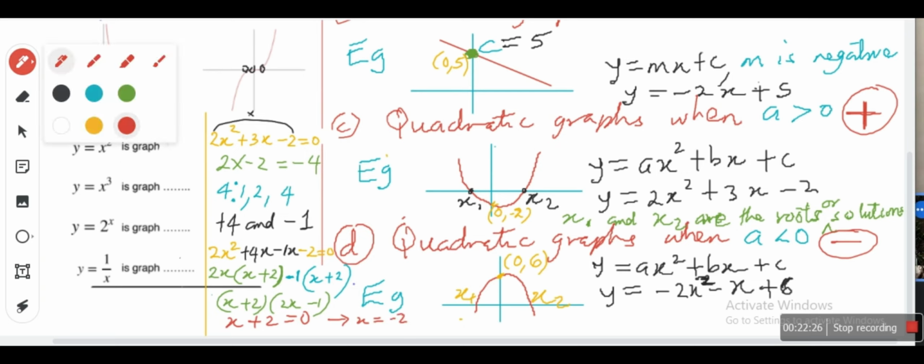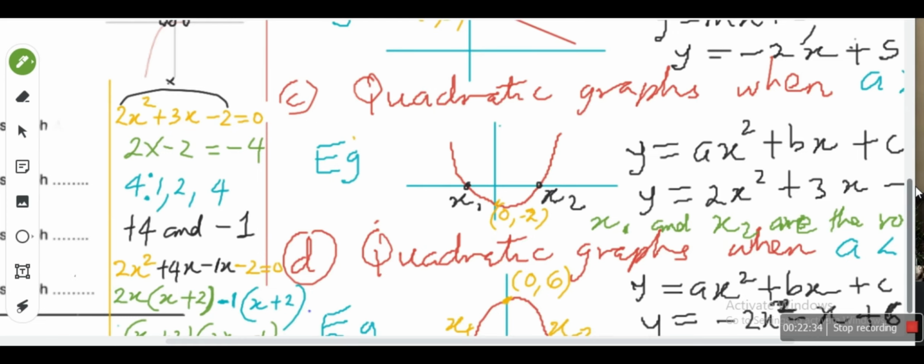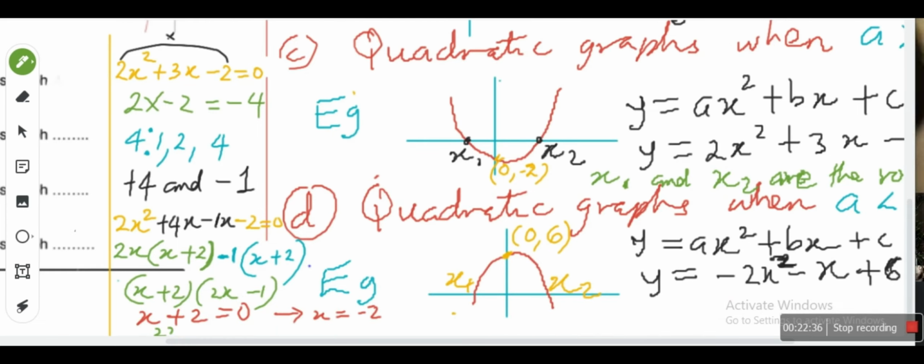Then 2x minus 1 equal to 0 will give us x equals 1 over 2, or 0.5. So those are the x values: minus 2 and 0.5.